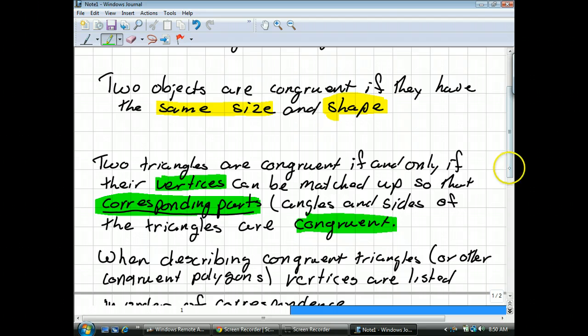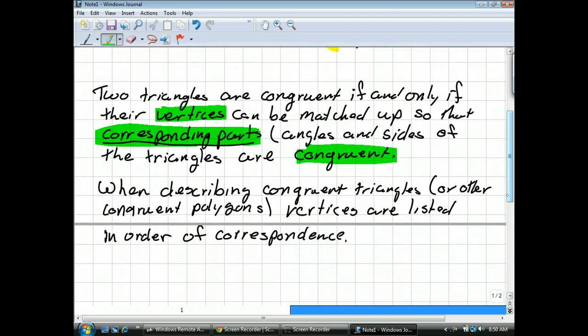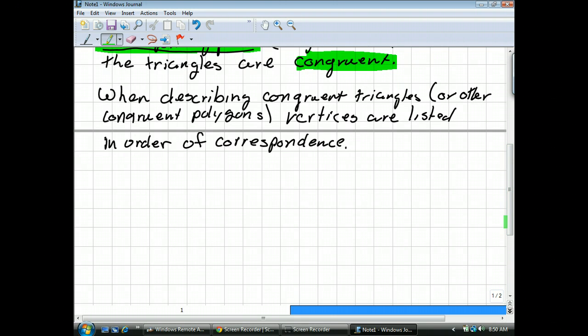Okay? And when we describe congruent triangles or other congruent polygons, vertices are listed in order of correspondence, meaning matching up congruent angle to congruent angle.